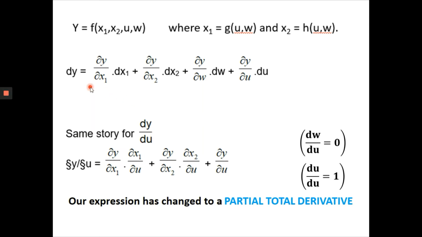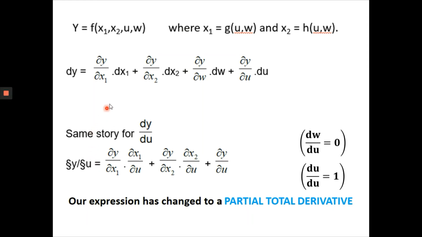Okay, so we would divide the left-hand side and the right-hand side by du, and the final expression would look like this. Remember, dy over du, right? We can no longer indicate that it's a total derivative because we are holding w constant. So we have to use this notation here, and this indicates we are finding the partial total derivative.